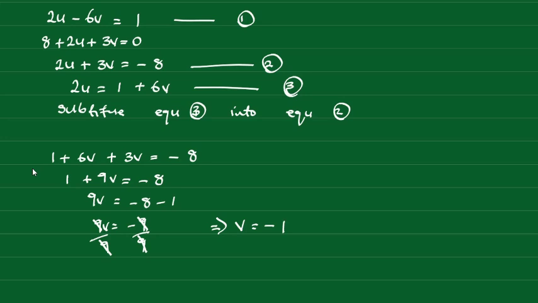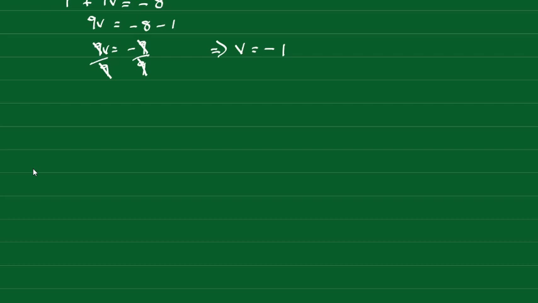Now, having gotten our value for v as minus 1, we substitute it into equation 1. Therefore, we have 2u minus 6 times (minus 1) equal to 1. And 2u minus 6 times (minus 1) gives us plus 6. This is equal to 1.